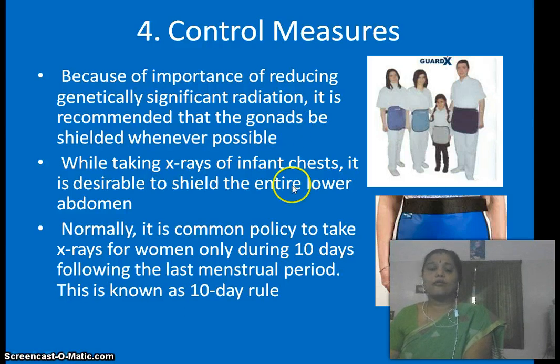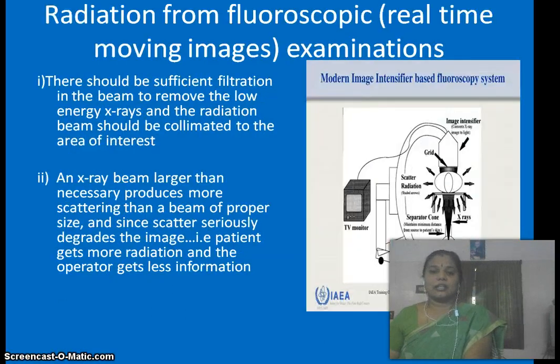And there is a rule for the women who are taking the X-rays, called the 10-day rule. What is this 10-day rule? The X-rays for women can be taken only during the 10 days following the last menstrual period, so that they will not be affected, and their gonads will be shielded during the investigation.